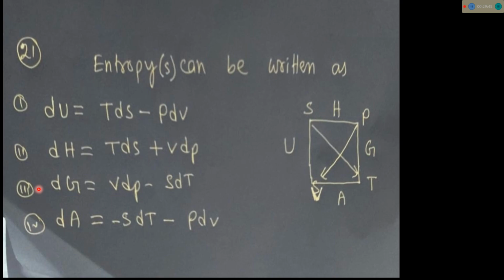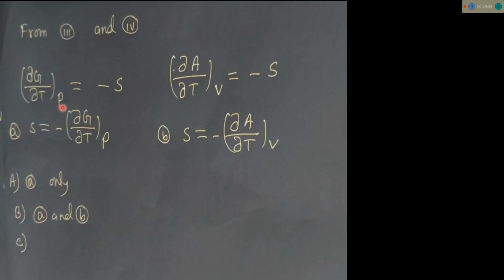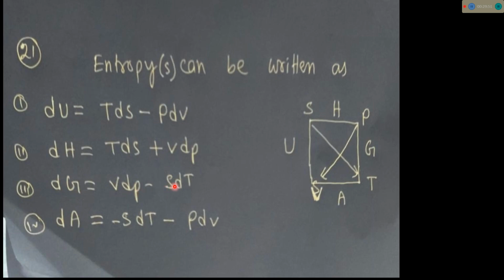From 3, if we divide these equations by del T at constant pressure, we will get del G by del T at constant P equal to minus S. This part becomes 0, we will get only minus S.